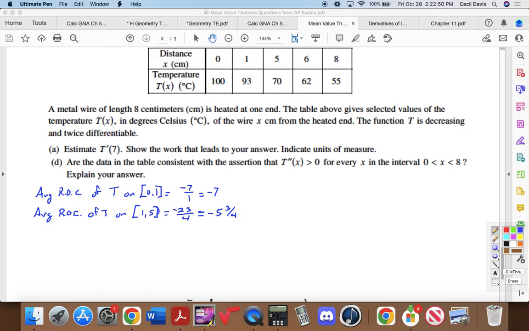I think it makes it easier if you make it a mixed number to be able to compare them. The average rate of change of T on the closed interval from 5 to 6 is negative 8.